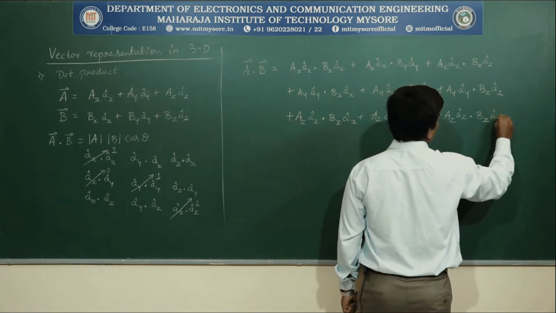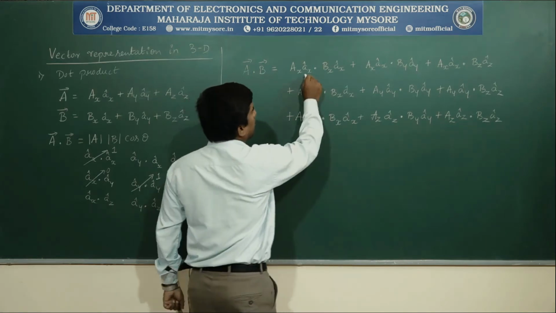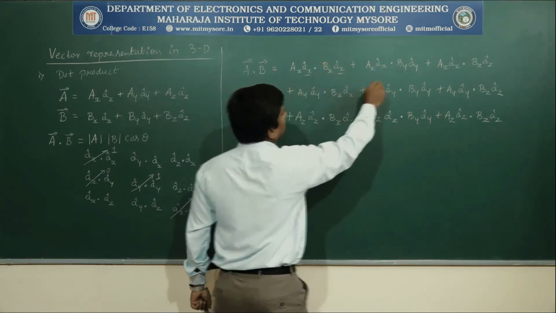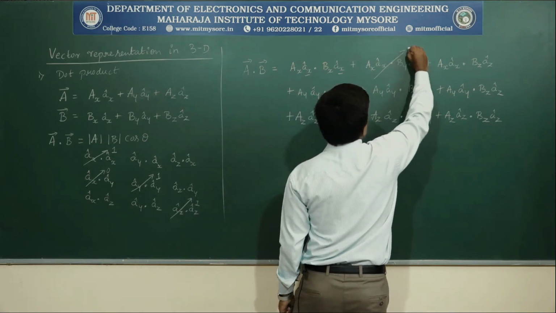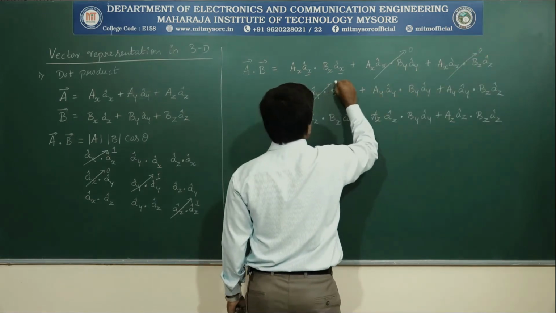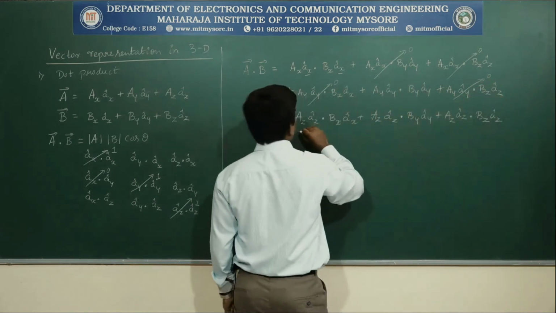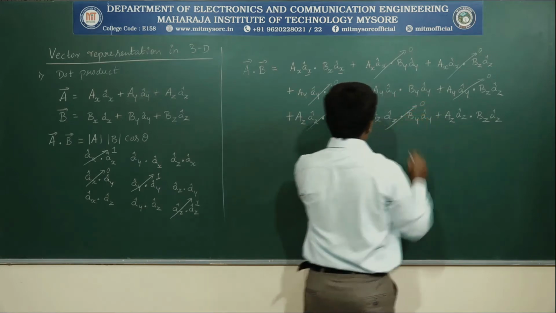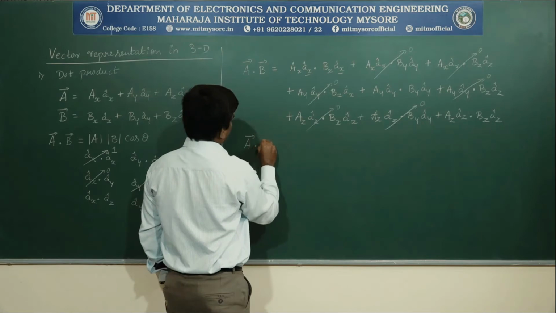By looking at this expression, the dot product between A cap x and A cap x is 1, the dot product between x and y is 0. Then all these terms become 0, because these quantities are perpendicular to each other. We are left with only 3 terms.